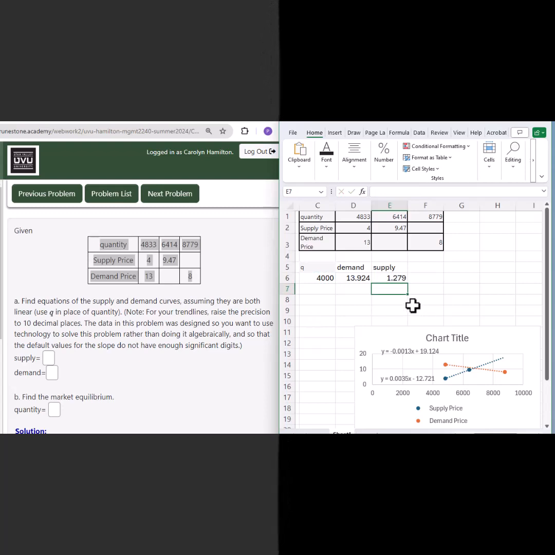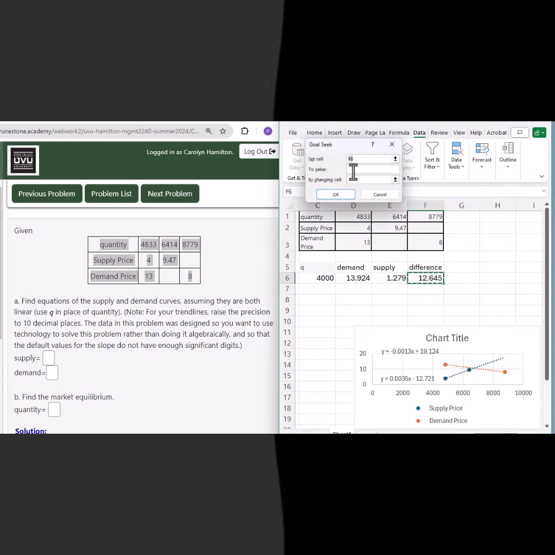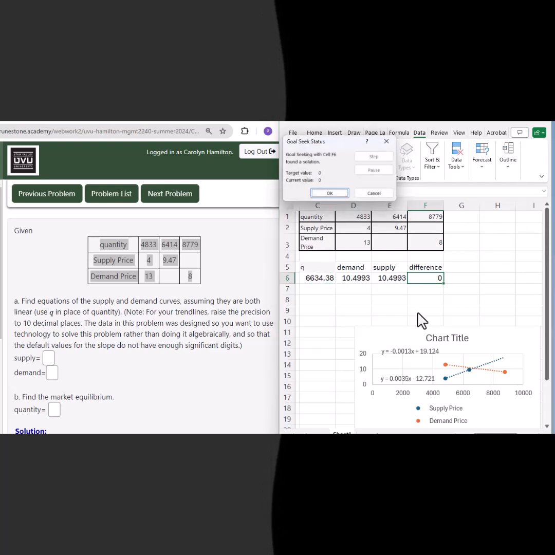Okay, so I've got supply and demand, and now I do a difference, setting up just like we have on the previous problems, and then a goal seek on that difference to set it to 0. Set the cell to a value of 0 by changing the number of units and hit OK.